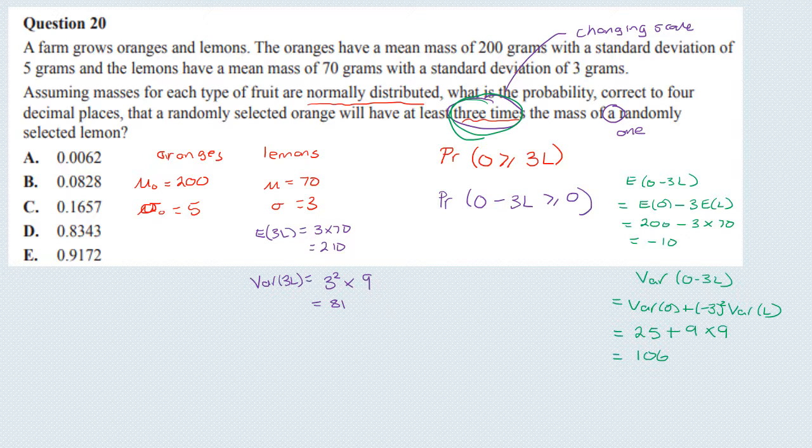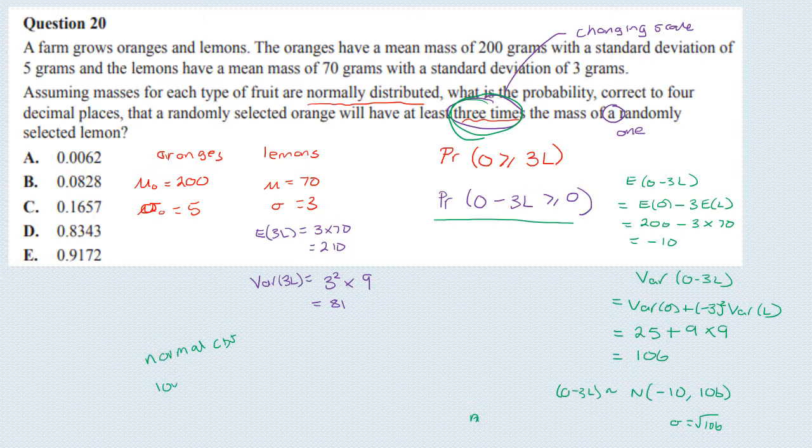So now that we know this, we know that our O minus 3L distribution is normally distributed with a mean of negative 10 and a variance of 106, or a standard deviation of square root of 106. We can once again use normal CDF. We want to know the chance that O minus 3L is greater than or equal to 0.